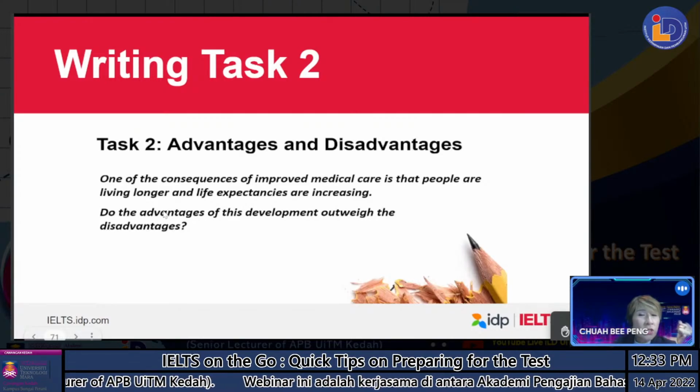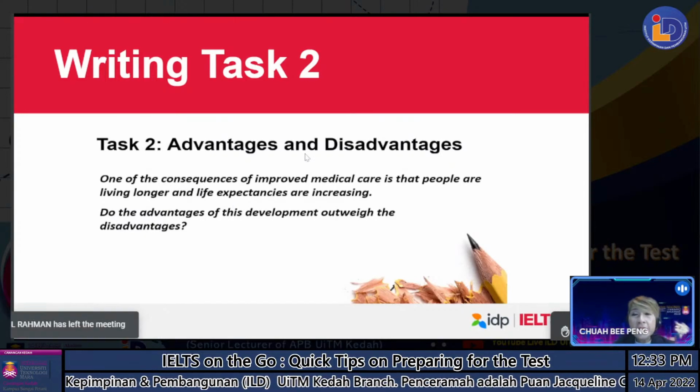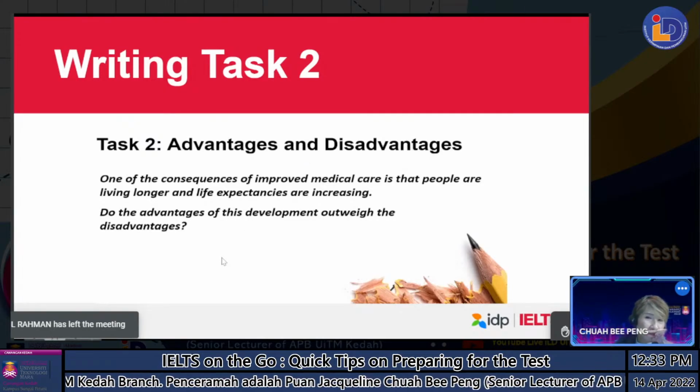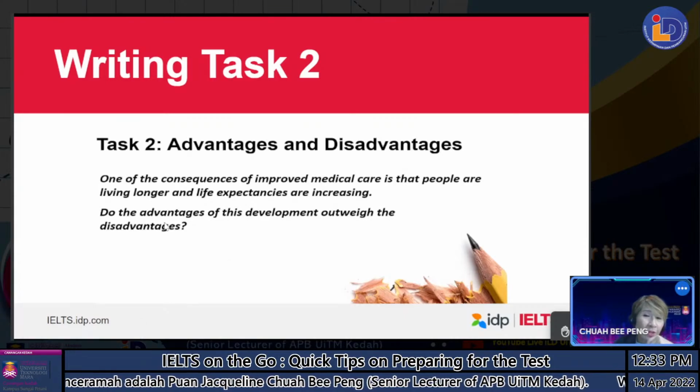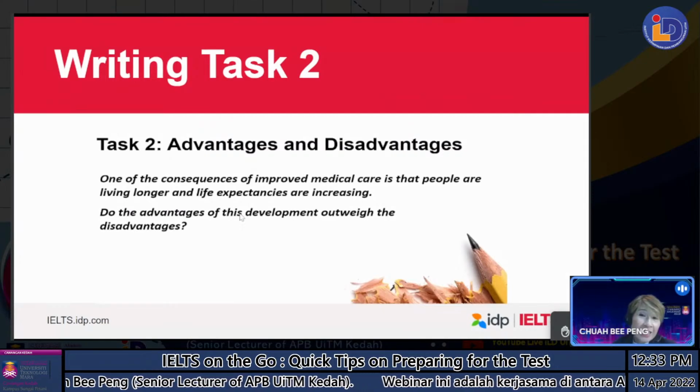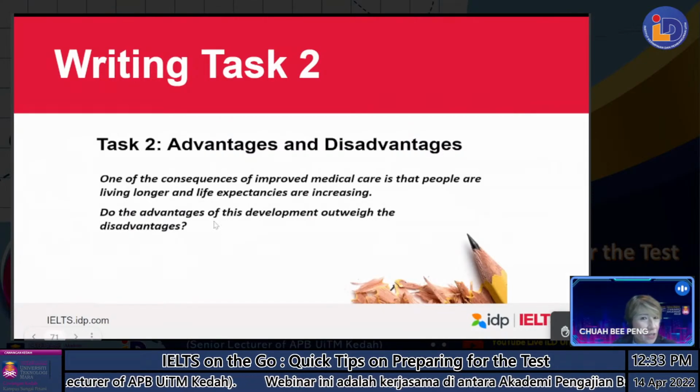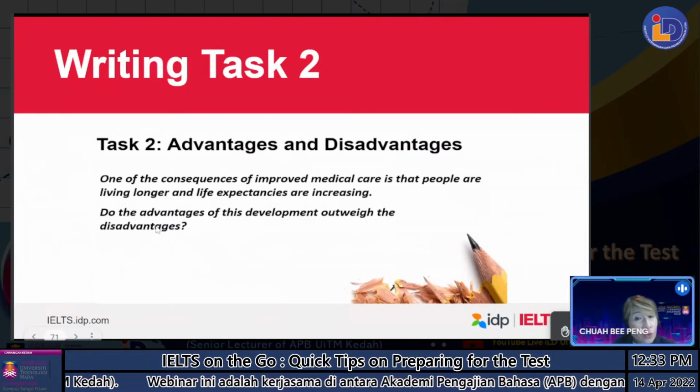So it is not exactly about what the advantages and disadvantages are, but rather you need to give your opinion whether or not the advantages of this development outweigh the disadvantages. So it's a yes or no question. It doesn't ask you what the advantages and disadvantages are, but rather the question asks you, is it yes or no?